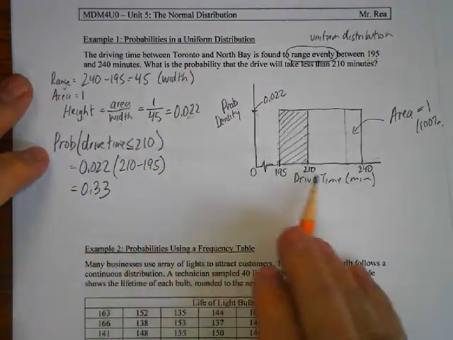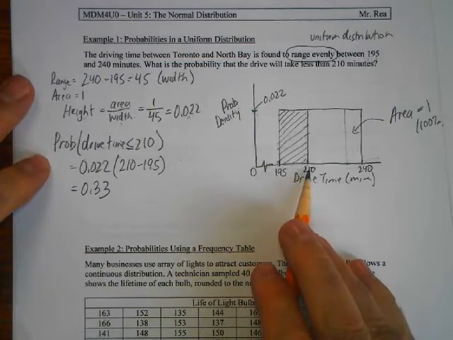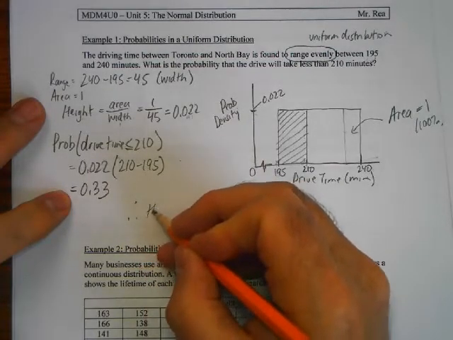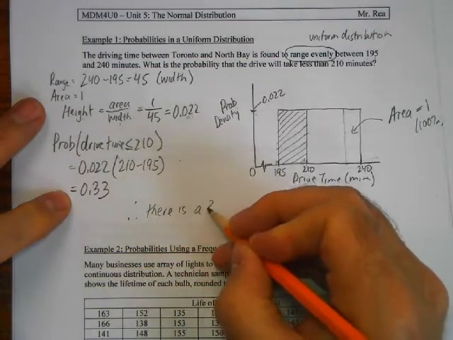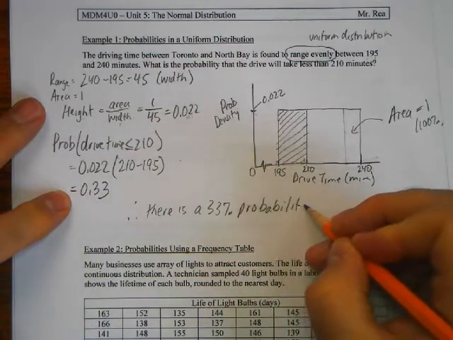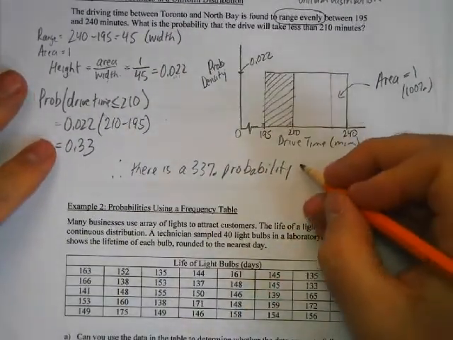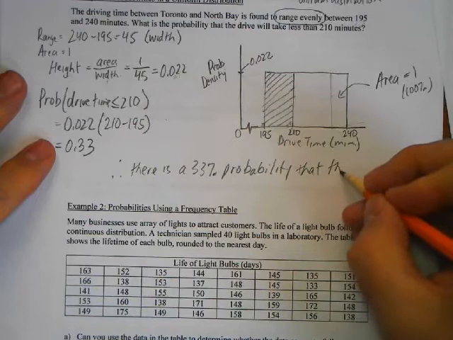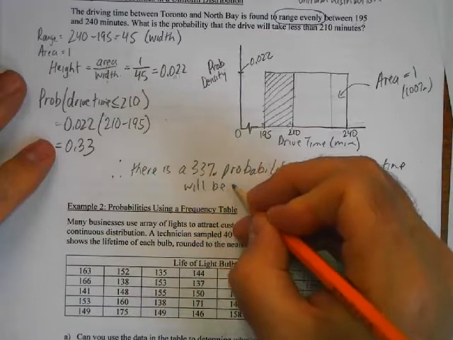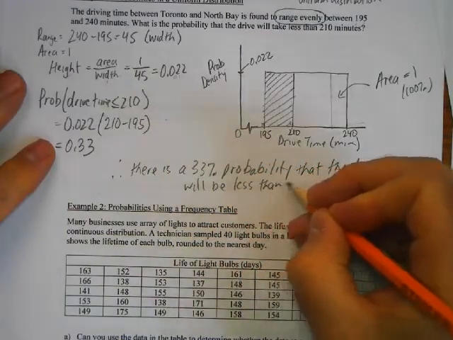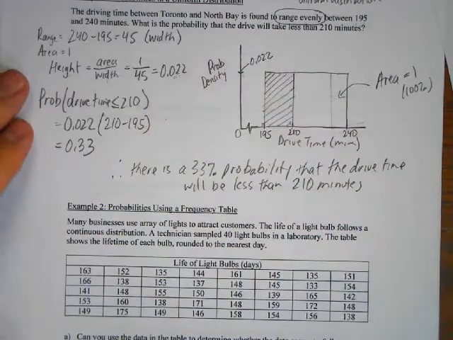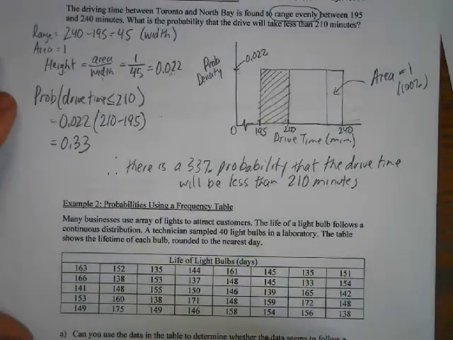That tells you the probability that the drive time is less than 210 minutes is 0.33, or 33%. So therefore there is a 33% probability that the drive time will be less than 210 minutes. Okay? All right.